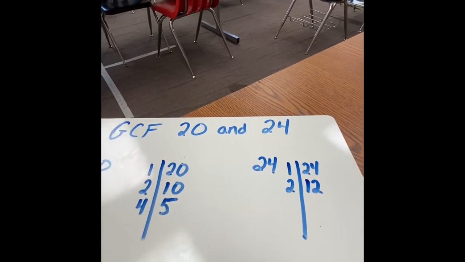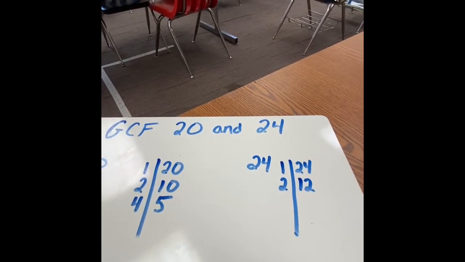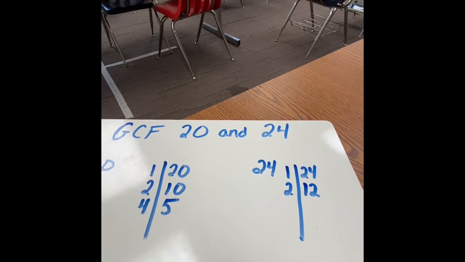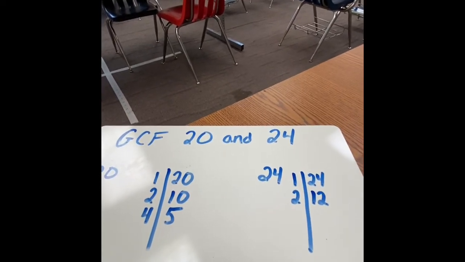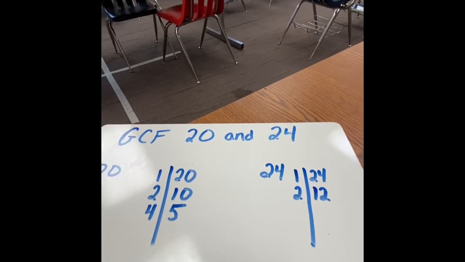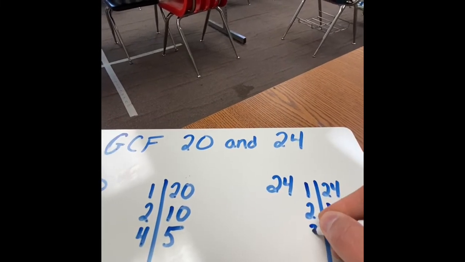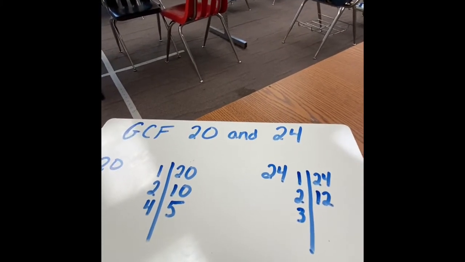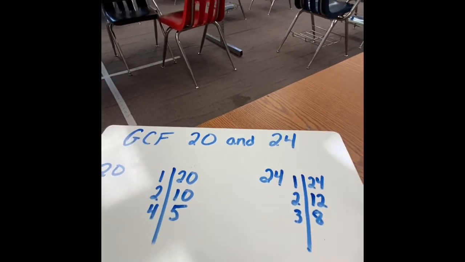Now let's look at 3. Remember over there, the divisibility rule for 3: if the sum of the digits is divisible by 3, then the number is divisible by 3. Well, 2 plus 4 is 6. 3 can go into 6 2 times, can it? So that means it's divisible by 3. Well, if you know your multiplication facts, 3 times 8 is 24.